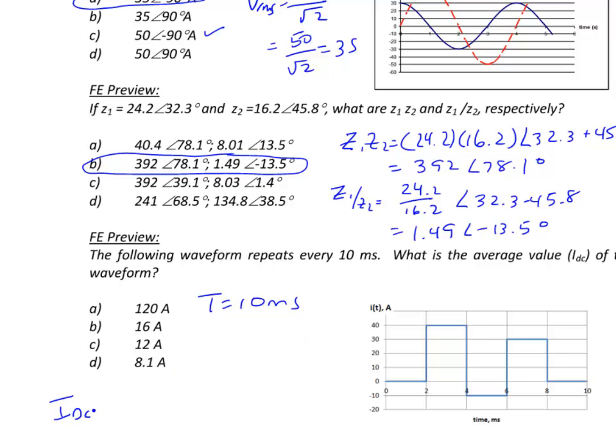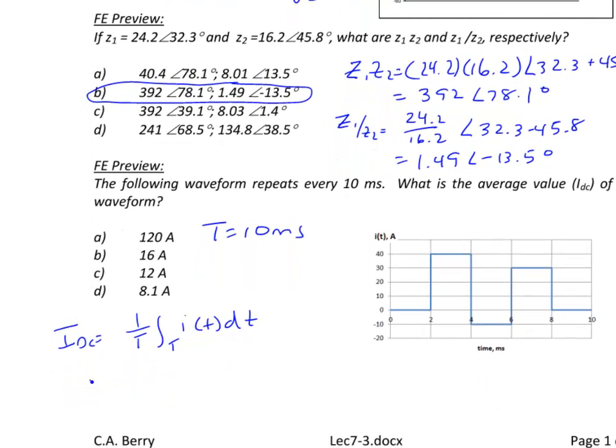We can use the formula I DC equals 1 over the period times the integral over 1 period of i(t) dt. Or remember that the integral is the same as the area under the curve. So what we're going to do this time is actually find the area under the curve.